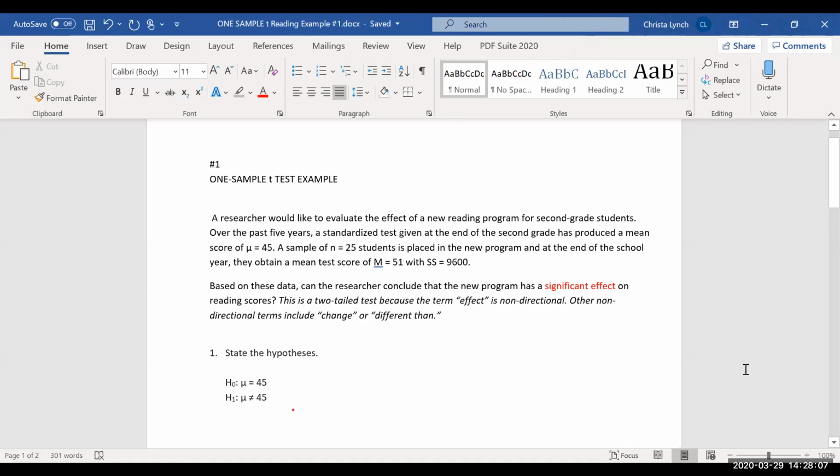A researcher would like to evaluate the effect of a new reading program for second grade students. Over the past 5 years, a standardized test given at the end of the second grade has produced a mean score of 45. A sample of 25 students is placed in the new program, and at the end of the school year, they obtain a mean test score of 51 with a sum of squares of 9,600.